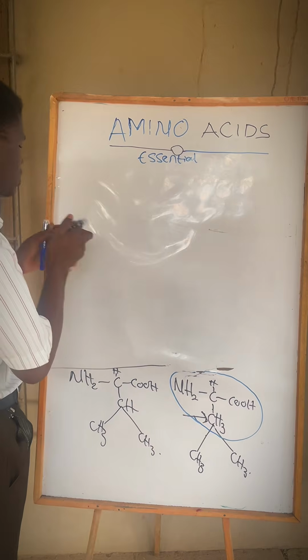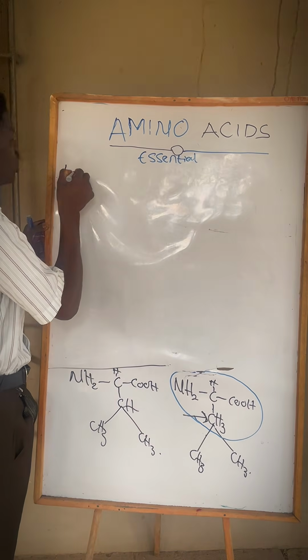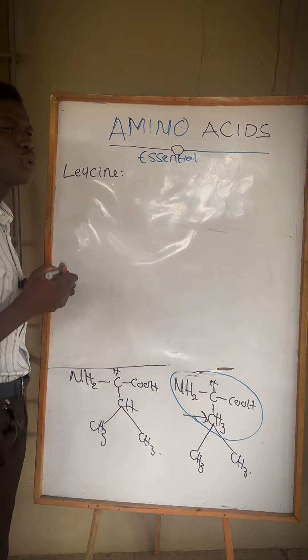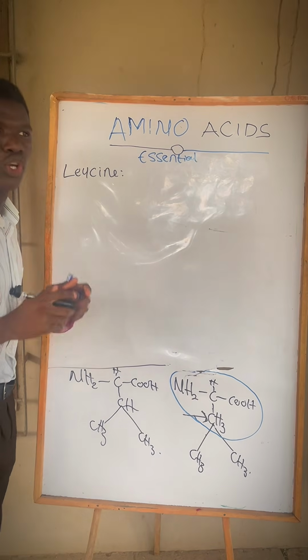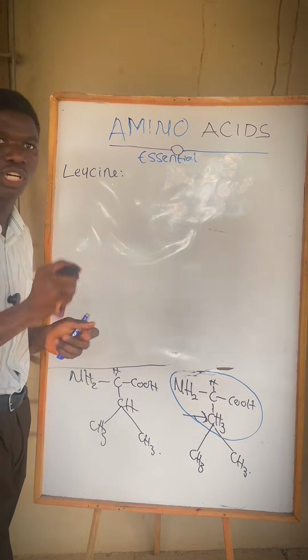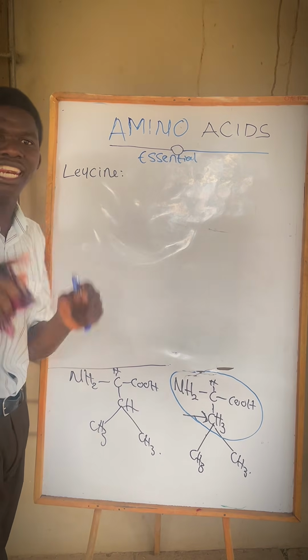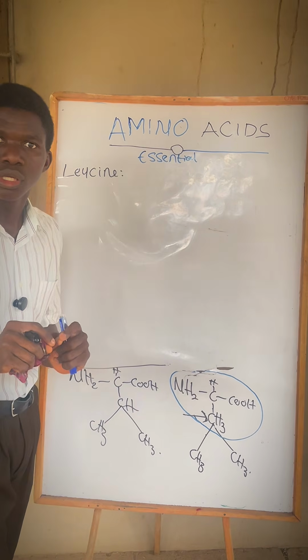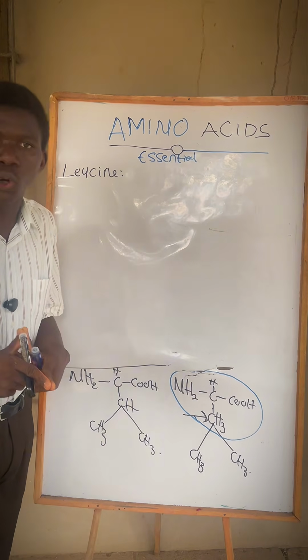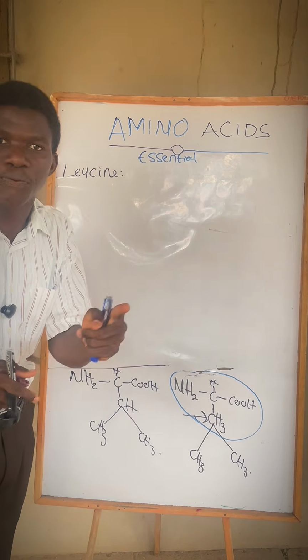So the next guy is leucine. How do we draw the structure of leucine? Leucine is just like valine. Don't forget that valine is gotten by alanine and V upside down. Now leucine is just a valine also, but with a CH before the word valine.